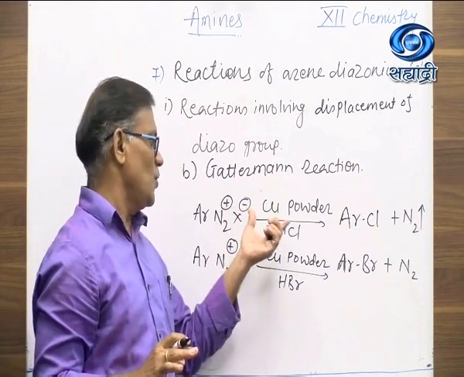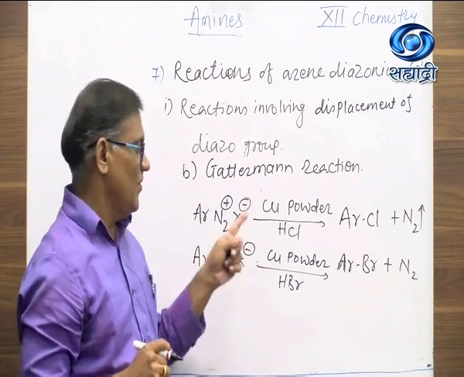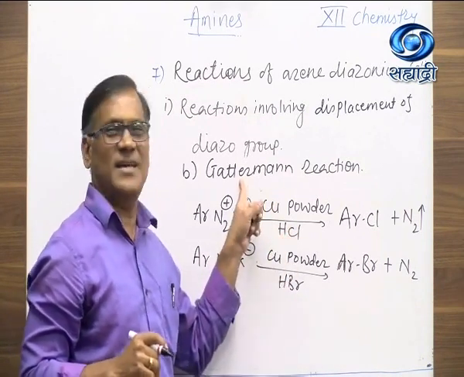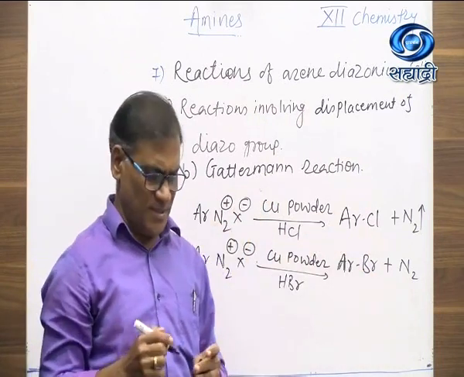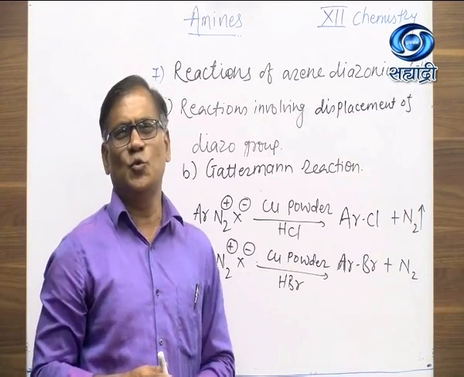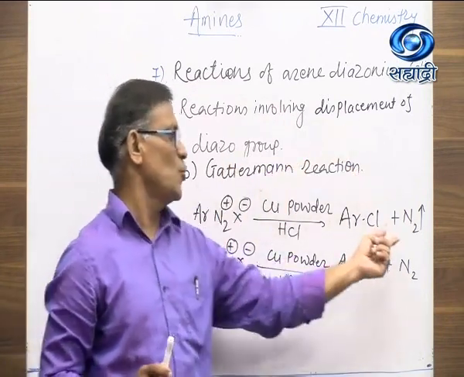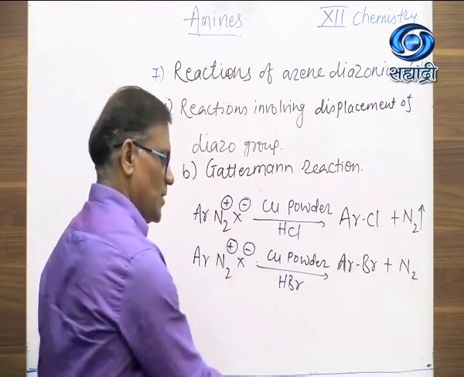When the reaction is carried out with cuprous chloride and HCl, reaction is Sandmeyer's reaction. When the reaction is carried out with copper powder and HCl, reaction is Gattermann reaction. Result is same, that is chlorobenzene, bromobenzene, cyanobenzene, etc. So these are the 2 important reactions of displacement of diazo group. Diazo group means N2 gas is removed.